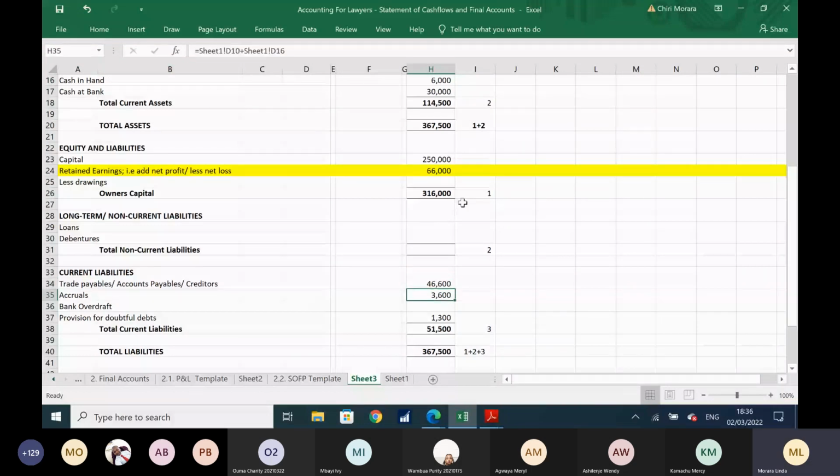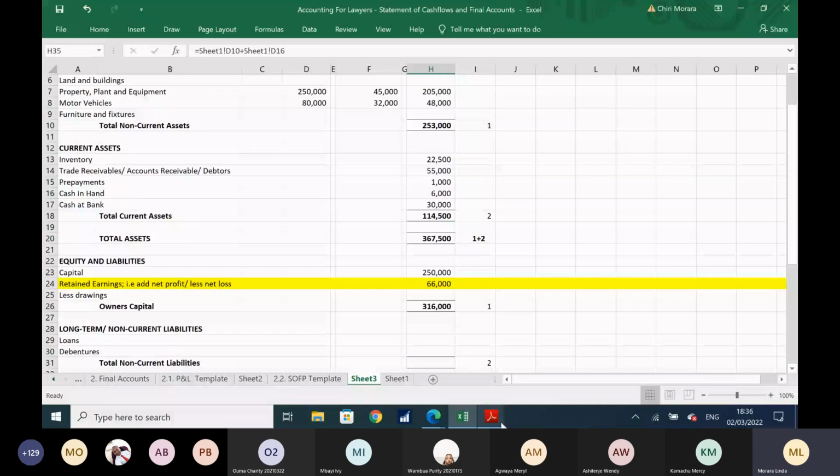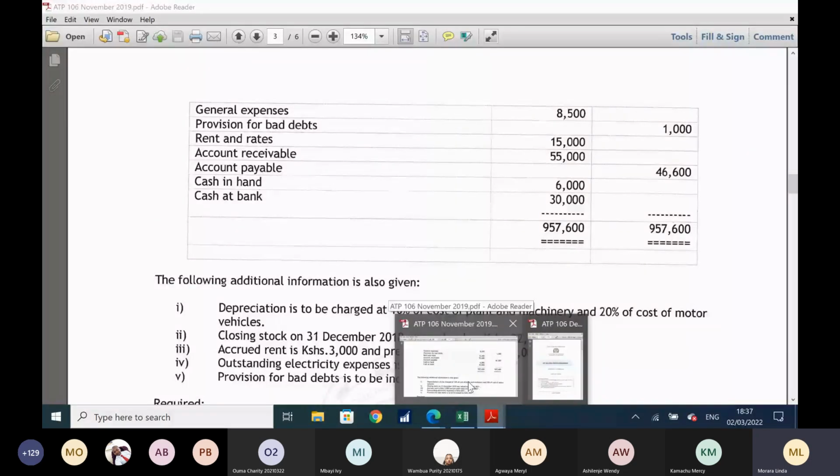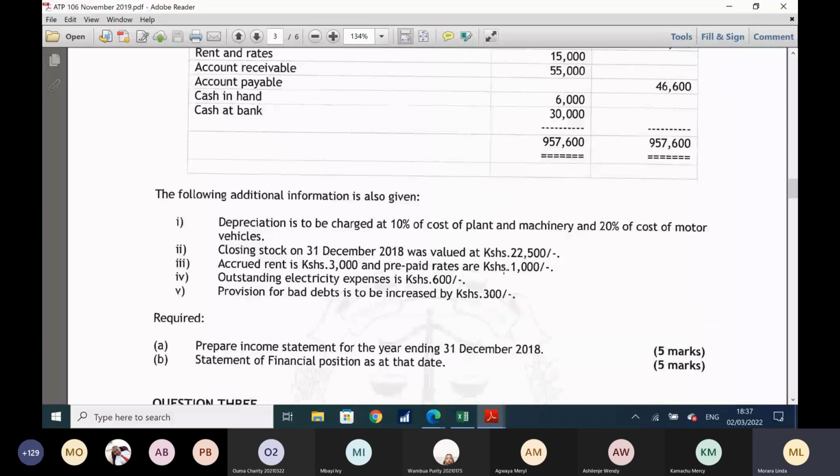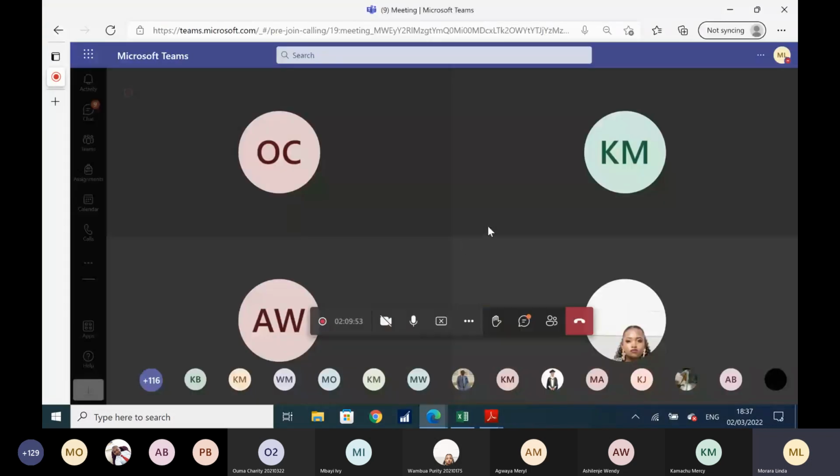Yeah, so now we have drafted our income statement and our balance sheet. So we are done with this question. I hope we've been together, but we have another topic to cover. So since I do not see a question, I will just move to the topic on cash flows.